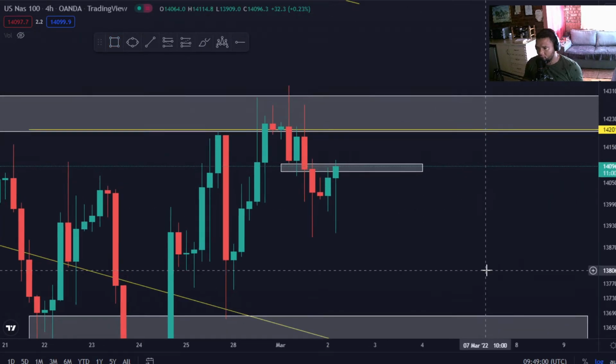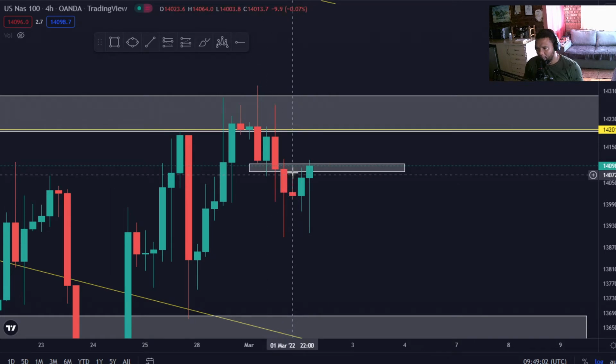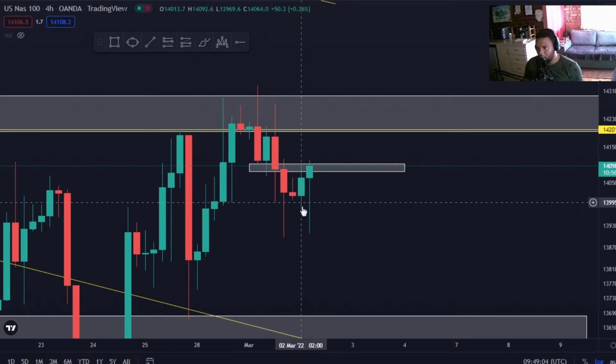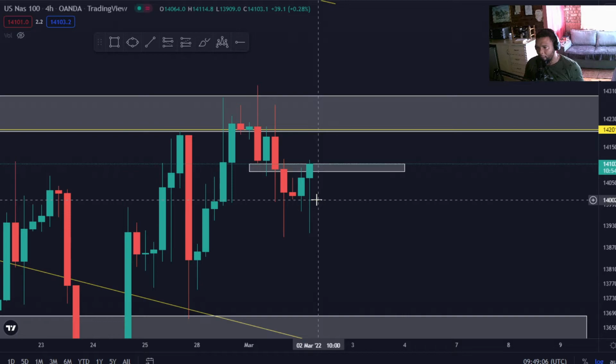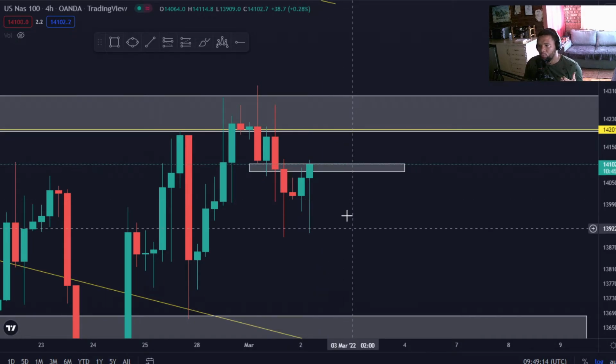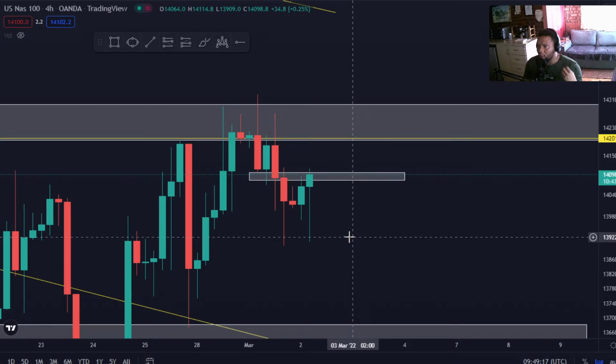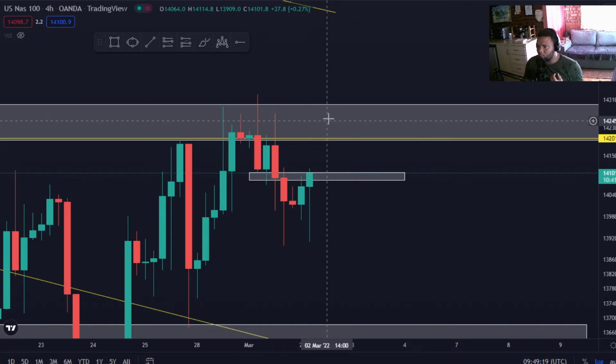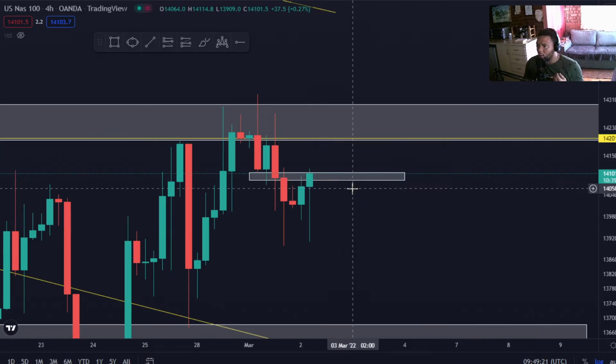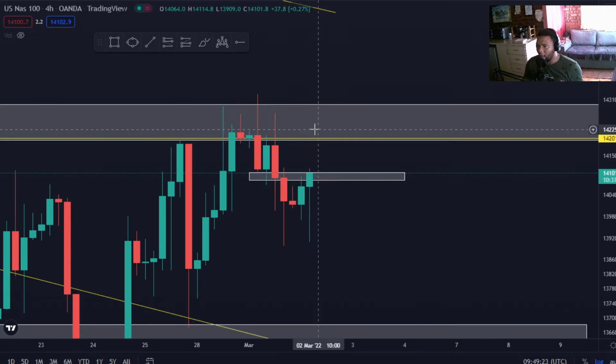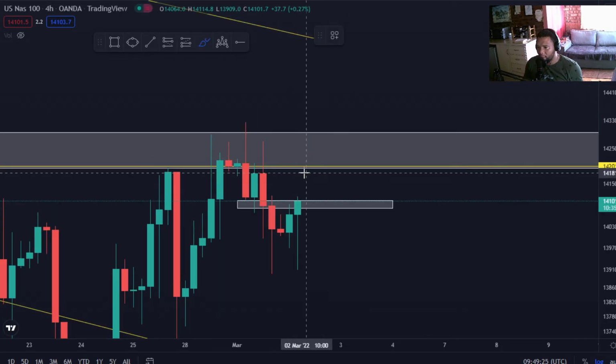It's a resistance because you can see price spiked into it there and there, right? This is going to be the right time to be patient right now, guys. Where I will most likely take buys, and to build that confidence, is if price breaks at least this area of 14,200 and closes above this region right here, right?